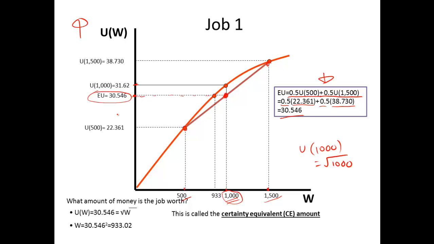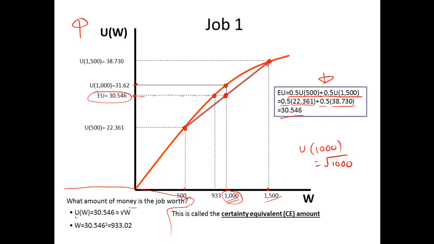Okay, there's one more point that I want to make on this slide, and let's look down at this lower corner and ask, what amount of money is the job worth? So again, you have this job, and with 0.5 probability it pays you 500, with 0.5 probability it pays you 1,500, and so what's it worth to you?